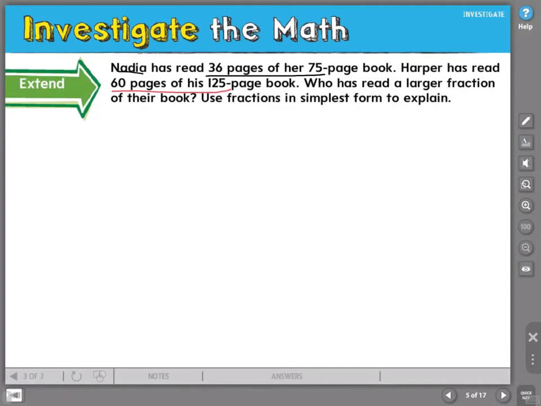Nadia has read 36 out of 75, while Harper has read 60 out of 125. So I'm going to try both of the methods that we've learned to simplify these fractions so that I'll be able to compare them. I'll start with 36/75ths.